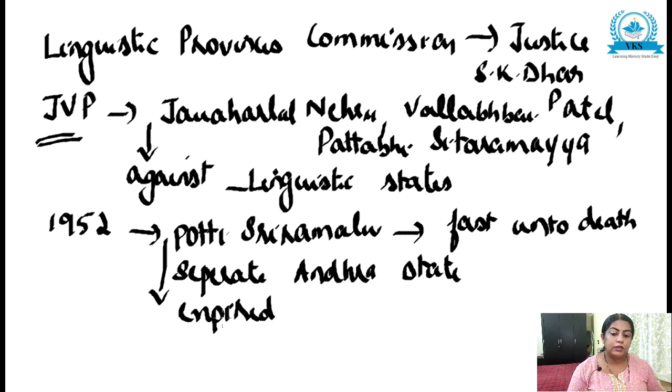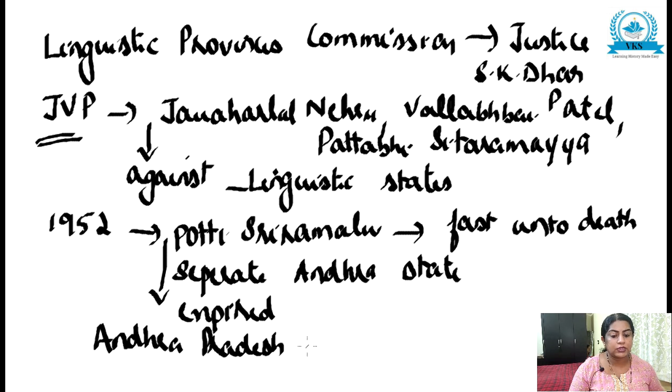Finally, the demand was conceded and the state of Andhra Pradesh came into existence in 1953. So what happened in 1952? Famous freedom fighter Potti Sriramulu undertook a fast unto death. His demand was a separate Andhra state.